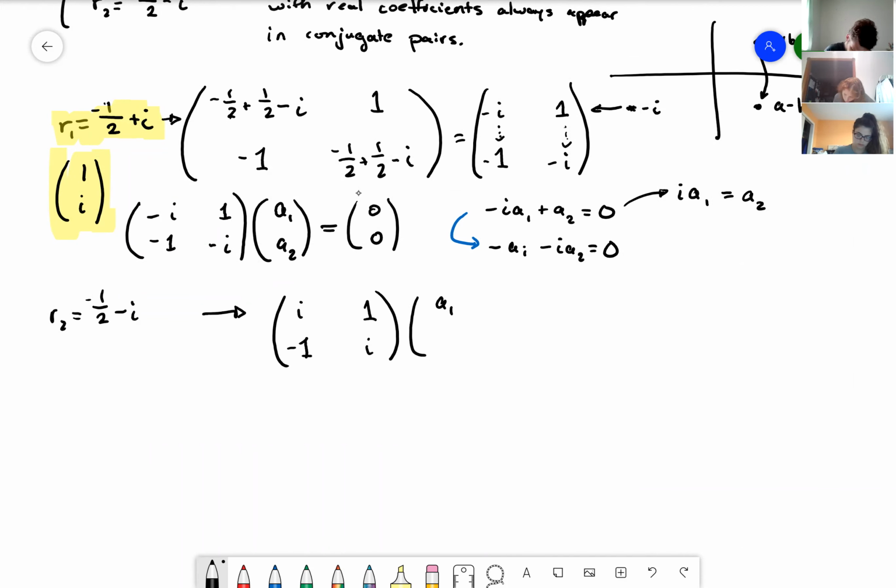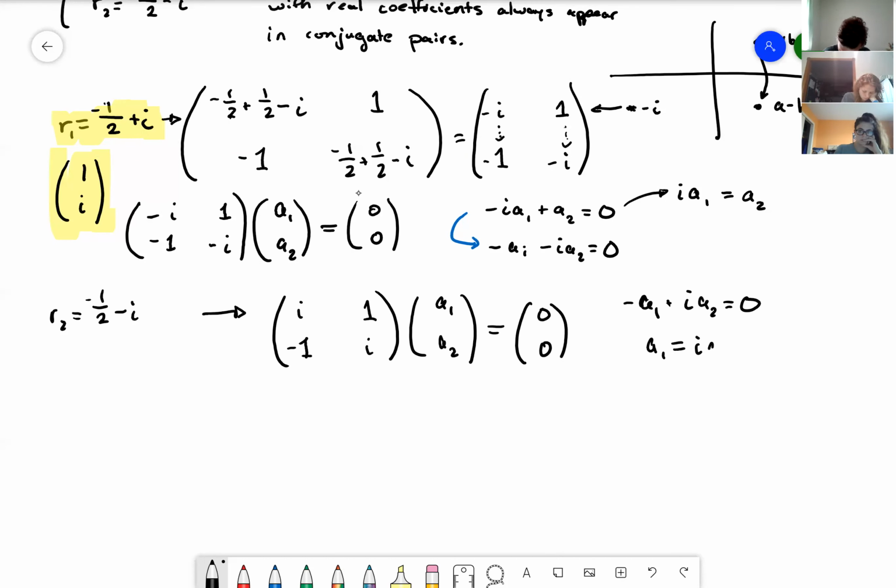And if we work out what the system of equations is from this, if you watch the video from yesterday, you'll see that I'm not writing out every single one of these steps. So I'll use the second one here: minus A2 plus minus A1 plus iA2 is equal to 0, so that it's easy for me to just say A1 is equal to iA2.